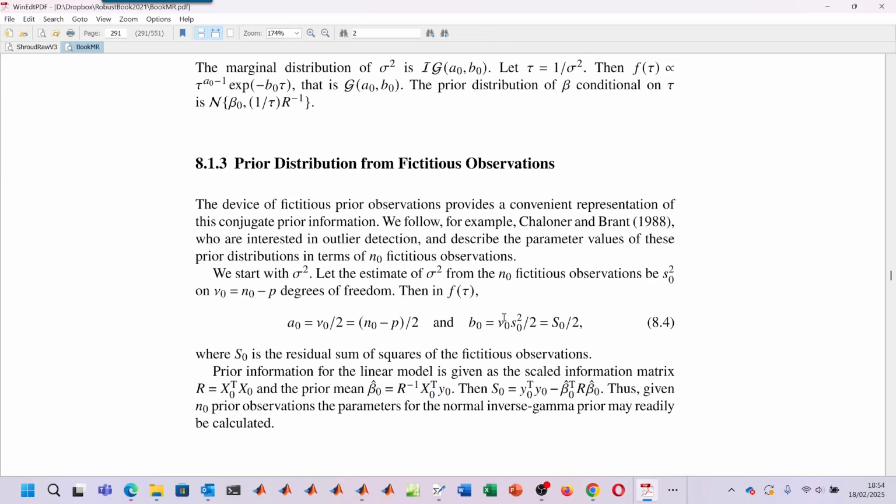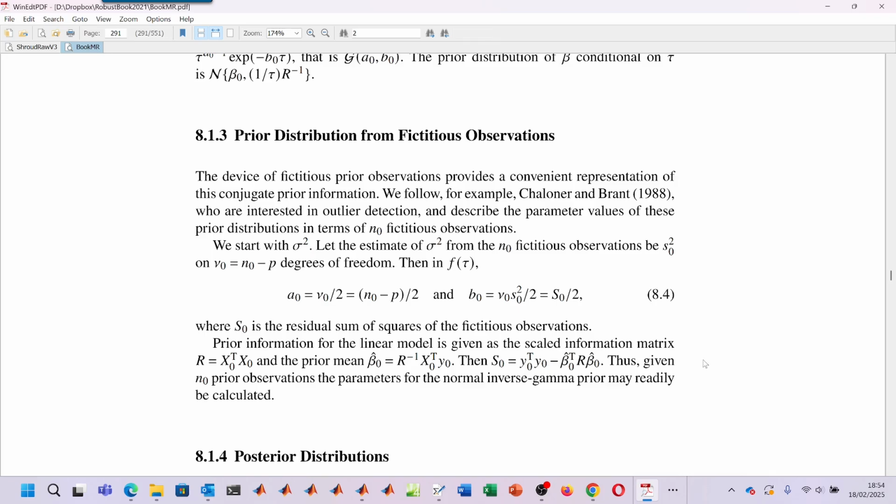Then S0, the residual sum of squares from these fictitious observations, is the total sum of fictitious squares, y0 transpose y0, minus beta hat 0 transpose R beta hat 0. Thus, given n0 prior observations, the parameters for the normal inverse gamma prior may readily be calculated.